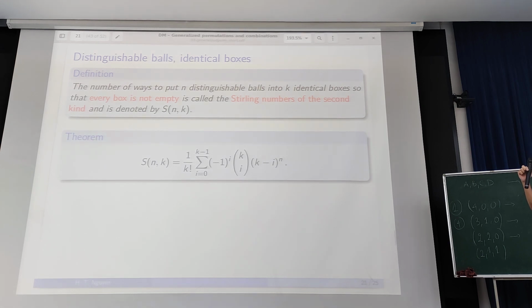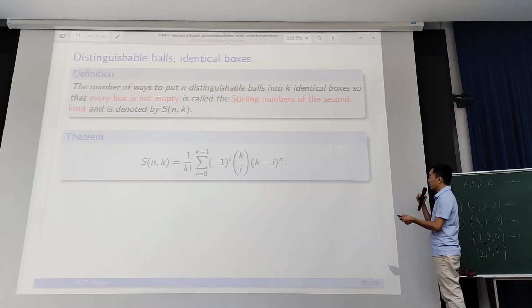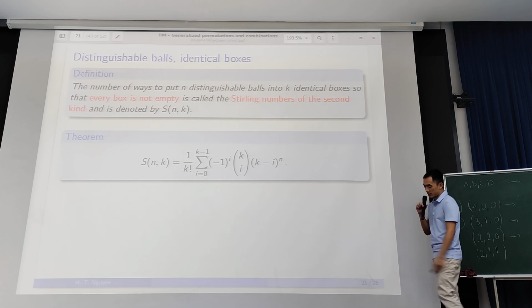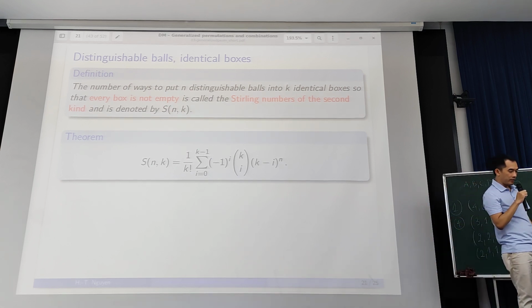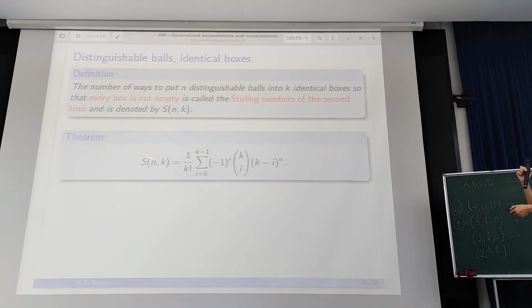You can try to find S(n,k) with some small values of n and k. Of course, the formula is not trivial. The formula is a sum whose terms are alternately positive then negative.